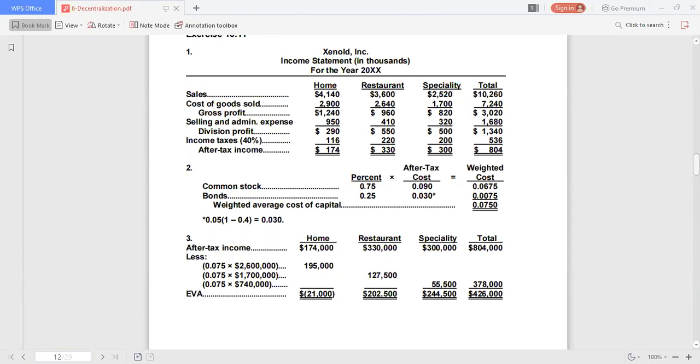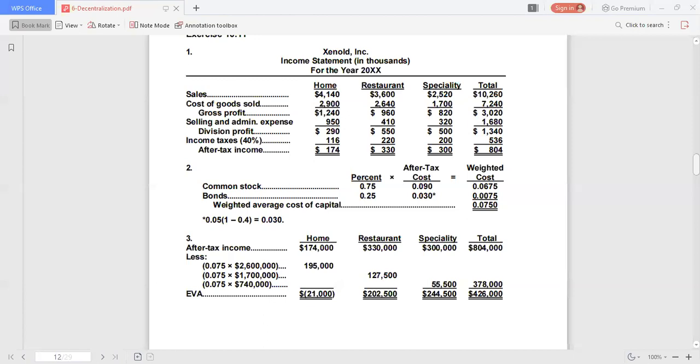And we have the income tax as stated. The income tax rate is 40%. So for the restaurant and the specialty. Now for the total, we have the after-tax income of 804.